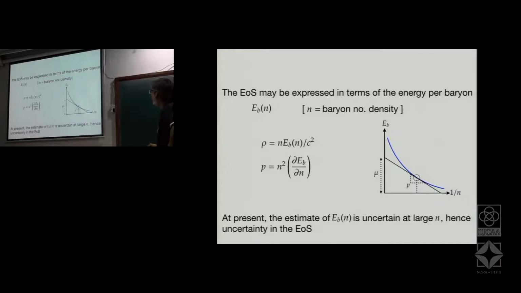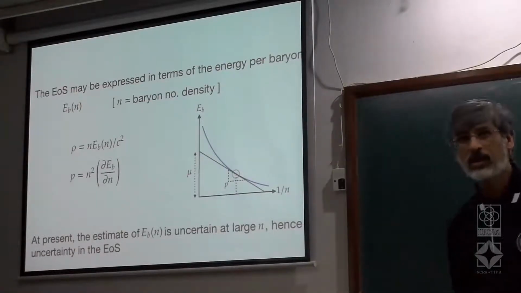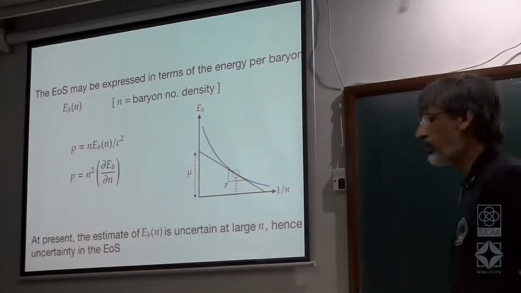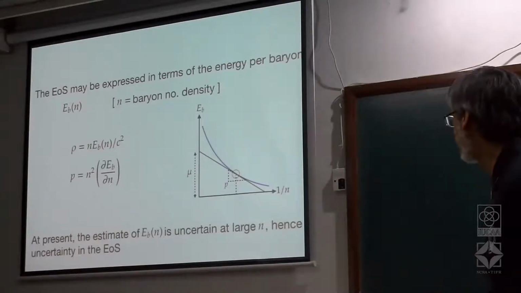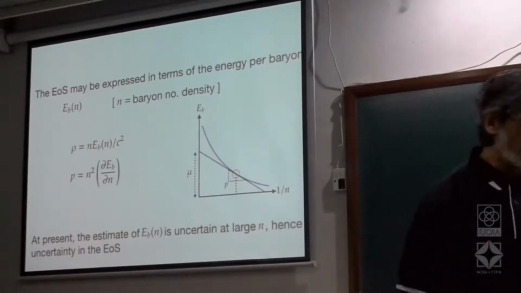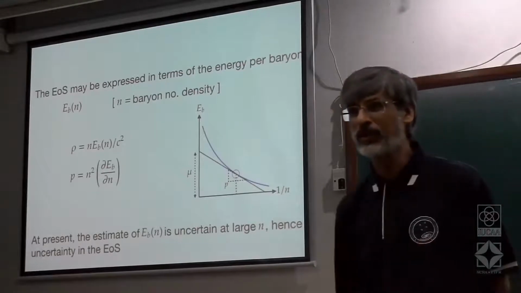And it is in computing this quantity from nuclear physics that the uncertainty lies, because we don't have proper measurements or very clear-cut theories. And why is that? Because we know that the theory of nuclear interactions is given by the strong interaction. And nowadays we have a good understanding of what the strong interaction is.